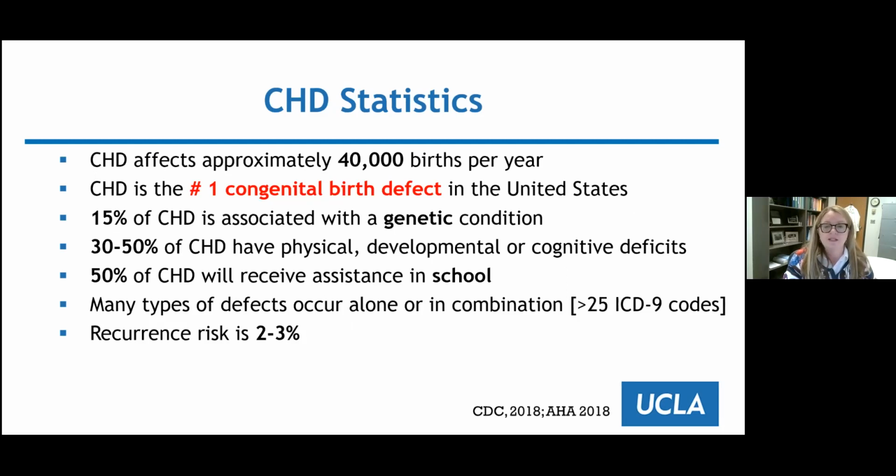A little bit on the statistics that are out there through the CDC and the American Heart Association. It affects approximately 40,000 births per year. It is the number one congenital defect in the United States, and that is in comparison to the other types of congenital defects, such as cleft lip palate, club foot, hypospadias, and spina bifida. 15% of congenital heart disease is associated with a genetic condition or syndrome.